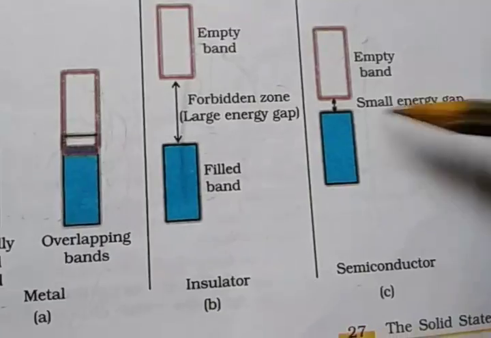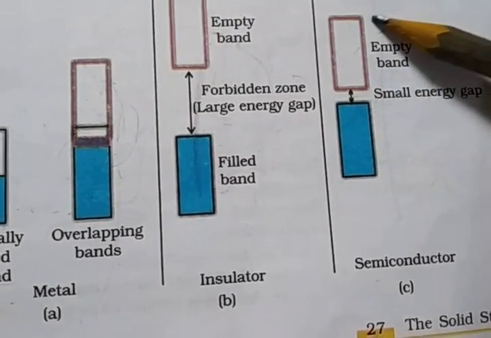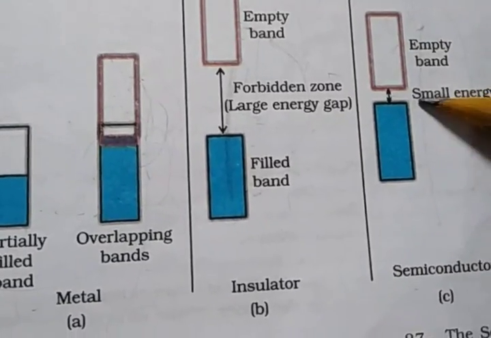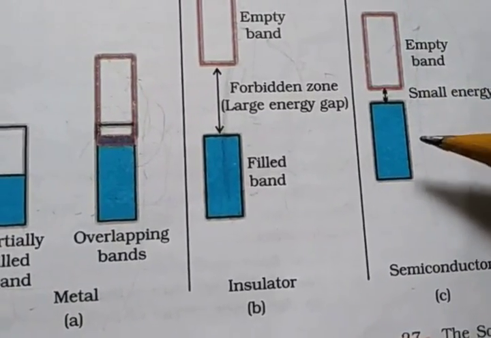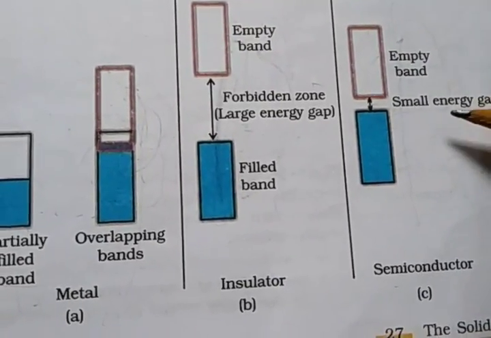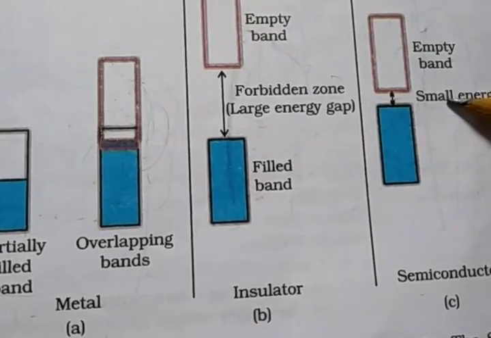That means whenever we increase the temperature, more electrons jump to the conduction band, so conductivity is directly proportional to temperature. As temperature increases, its conductivity also increases.